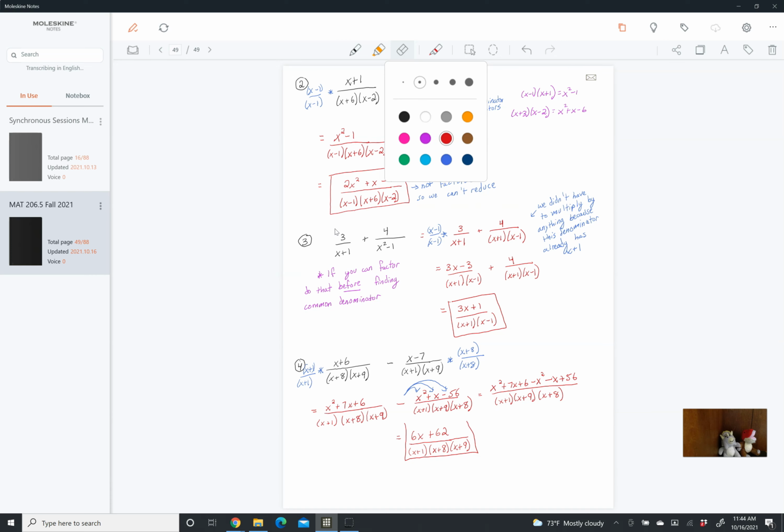And this is our final answer, because when we pull out from the numerator, we could pull out a 2. Okay, there's no point in doing that because we know if we pull out a 2, we're not going to get one of these. And the only purpose of factoring is to reduce.